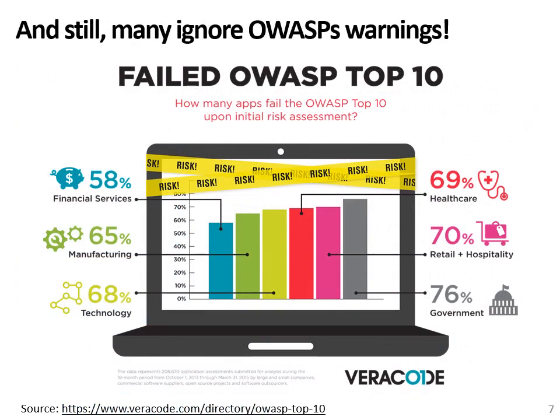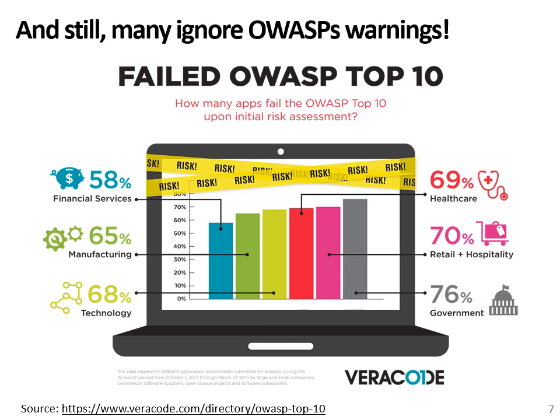And even though OWASP publishes this top 10 and provides mitigation mechanisms, source code examples, and so on to prevent these vulnerabilities, many web applications are still vulnerable to them. A study by Veracode shows that, depending on the sector, between 58 and 76% of the websites are vulnerable to these OWASP top 10 vulnerabilities.